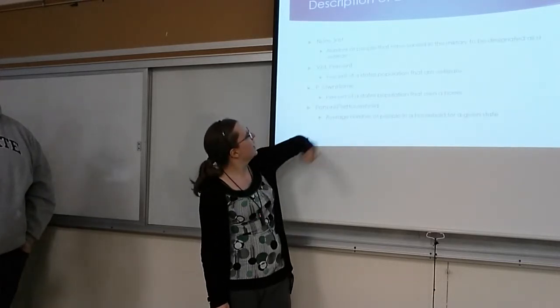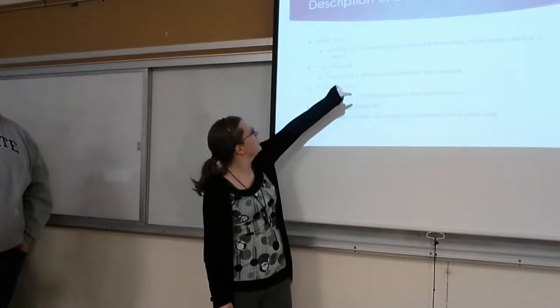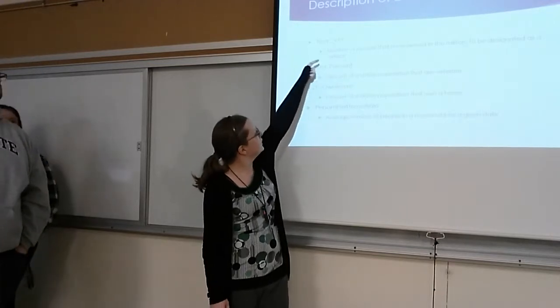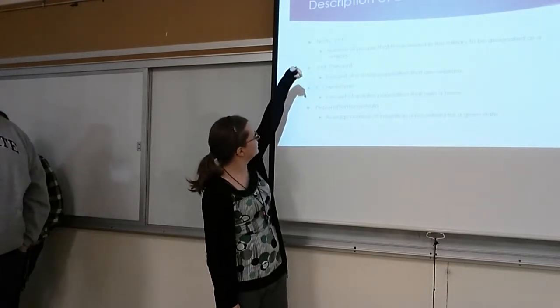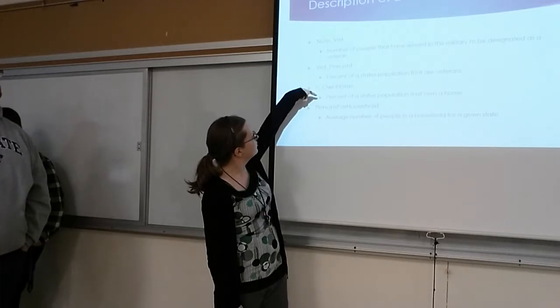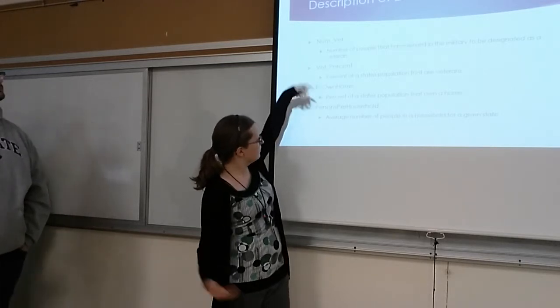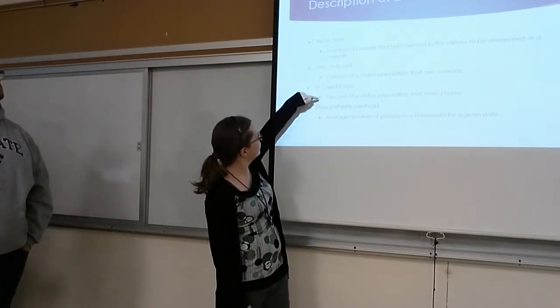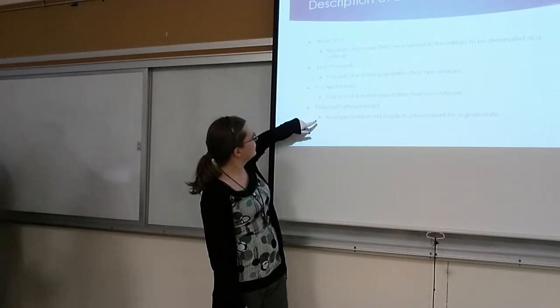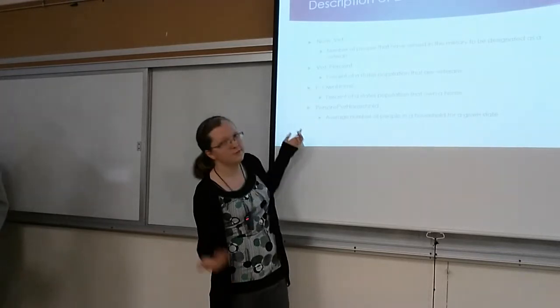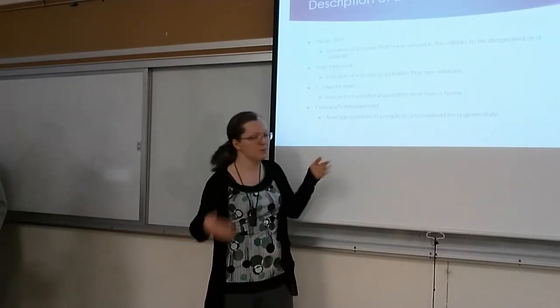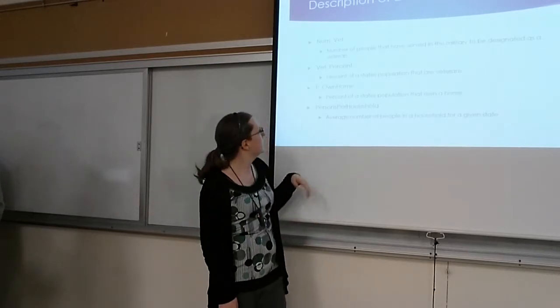We also looked at the number of veterans, both the number and the percentage of veterans, and then also the percentage of the population in a state that owns their own home, and persons per household, the number of people in a given household.